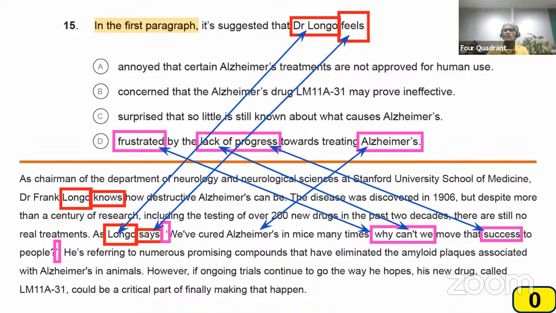Why can't we move that success to people? Within these closed quotes is your answer. Why can't we? Helplessness is projected. Helplessness is nothing but frustration. The other name of helplessness is frustration. Synonyms: helplessness, frustration. Okay, that's it.